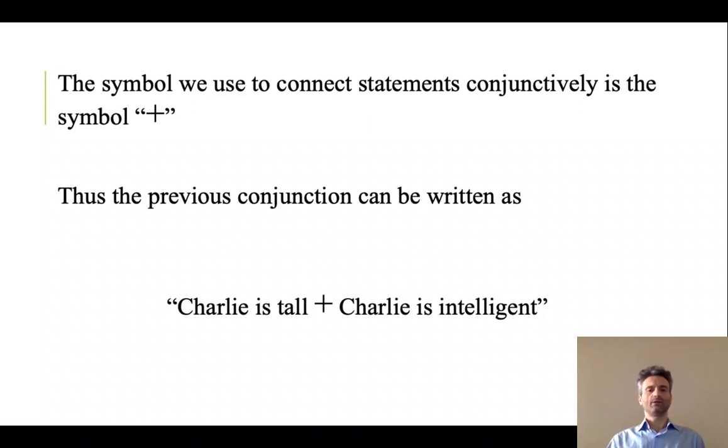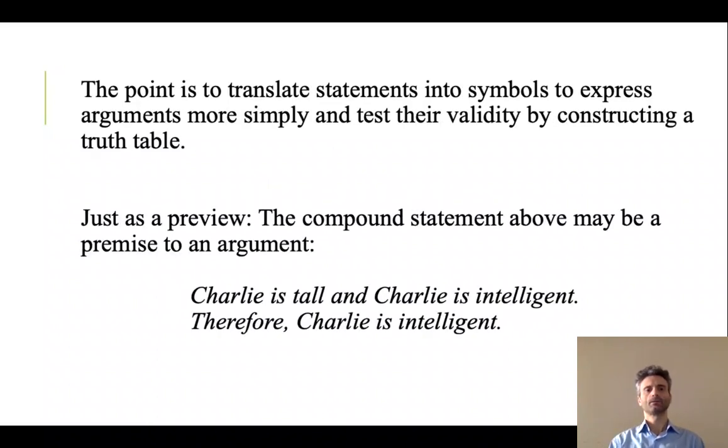Okay, and also Charlie is intelligent. We may symbolize that with an uppercase I. So the point of symbolic logic, what we are trying to work toward now, is to be able to symbolize everything. The reason is because categorical logic, as we learned in a previous lecture, is not flexible enough.